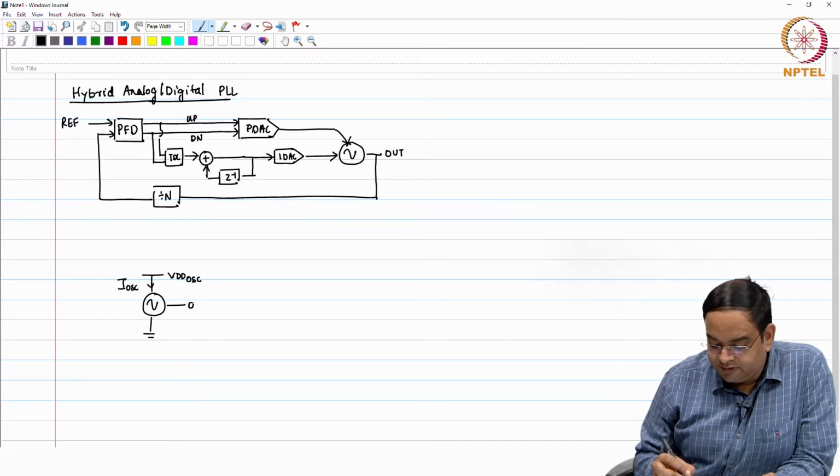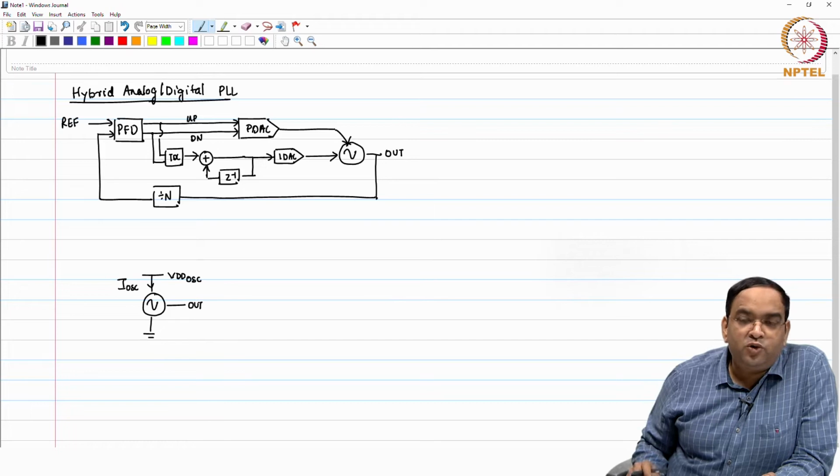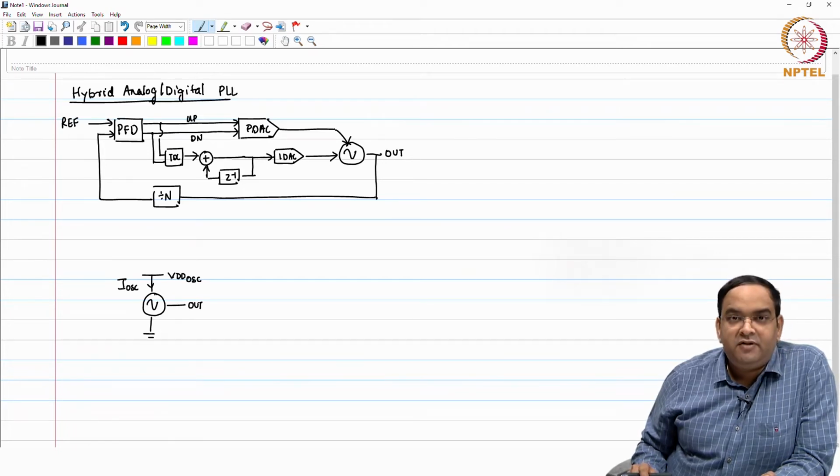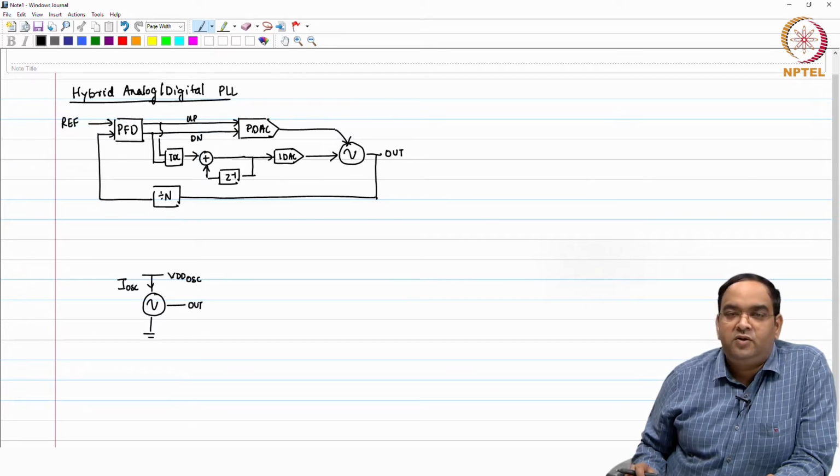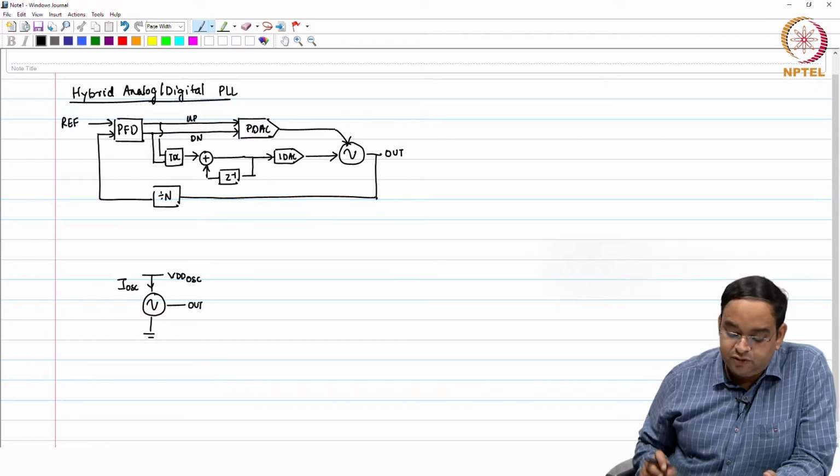It will have a certain frequency, whether you control I oscillator or you control VDD oscillator. If either of these two control parameters, I oscillator or VDD oscillator, is the same, the frequency will remain the same in both cases, whether the control is VDD or current. The other will just follow.